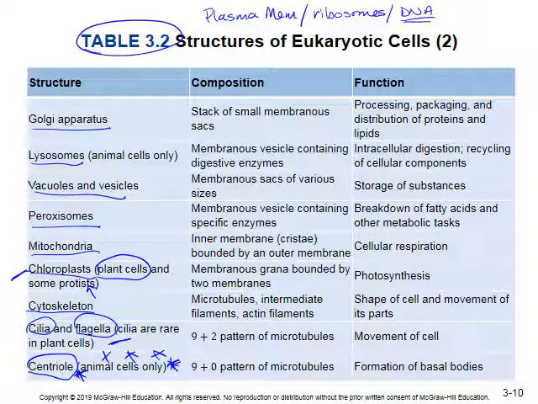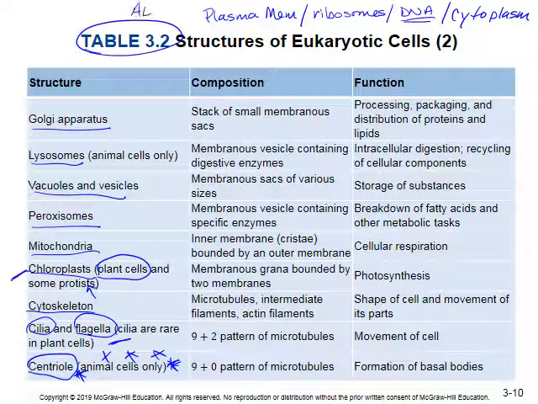So all cells have DNA, ribosomes, plasma membranes, and then some people like to also include cytoplasm, which is the jelly-like substance that's inside of the cell. So basically, it doesn't matter if you have a cell, it has to have these items. And there are rare exceptions to almost every rule. I always say in biology, never say never, because biology will make you a liar.